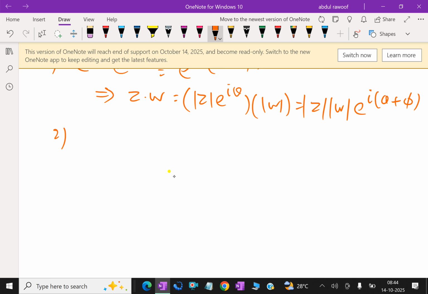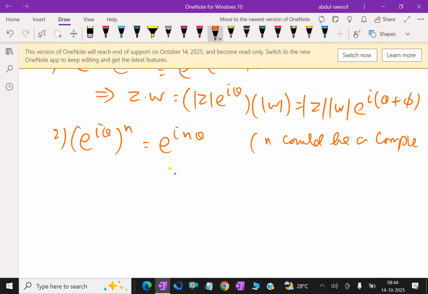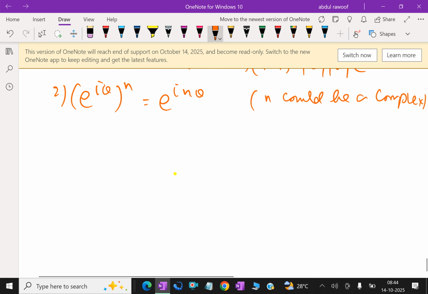Second result, e power i theta whole power n equal e power i n theta, for any number, and n could be a complex number.